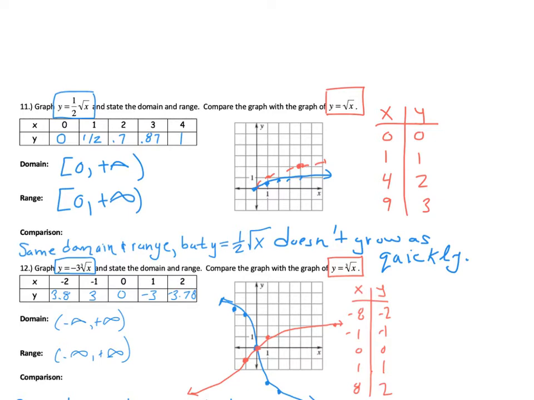And you may have noticed that for this particular picture, when I visually compare the blue graph to the red graph, I have the same domain and range, but y equals 1/2 the square root of x doesn't quite grow as quickly. That factor of 1/2 causes me to level off the growth.